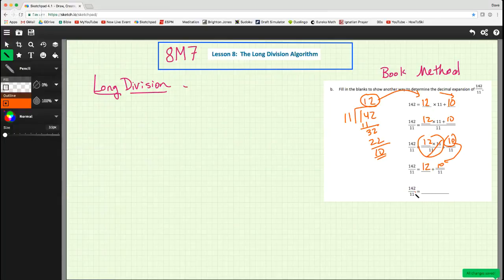And so 142 over 11 is equal to 12 and 10 11ths. Well, that's all nice and good, but I find this cumbersome.